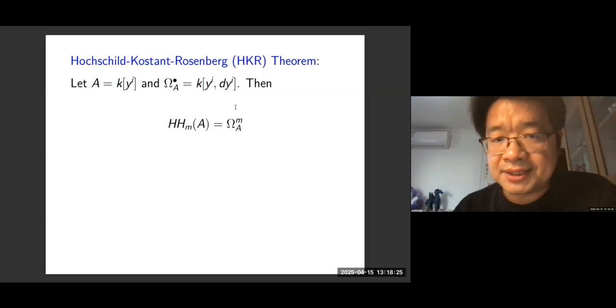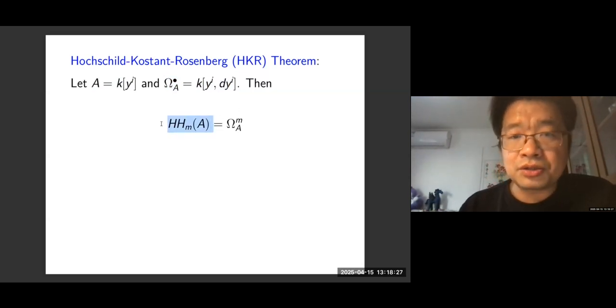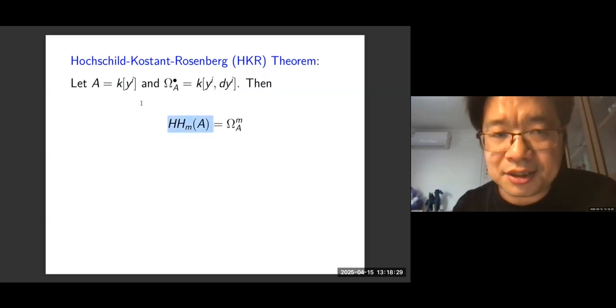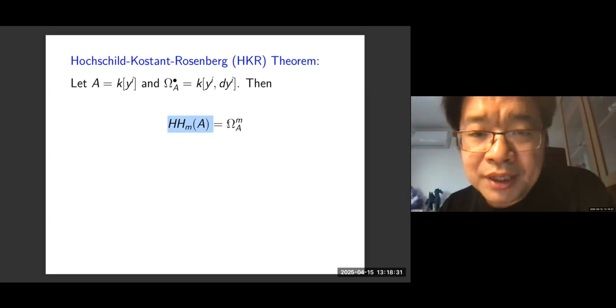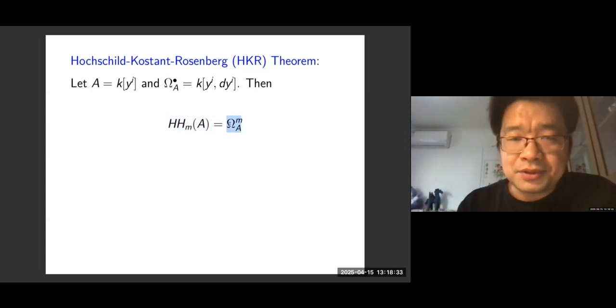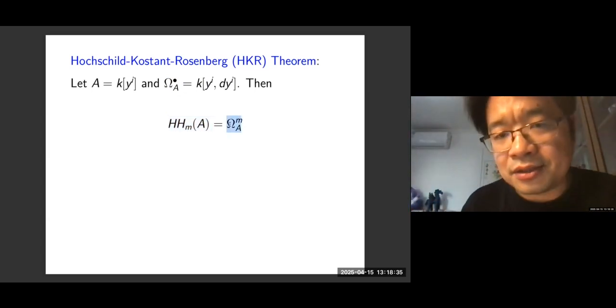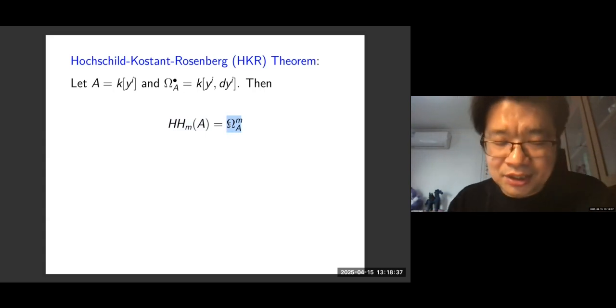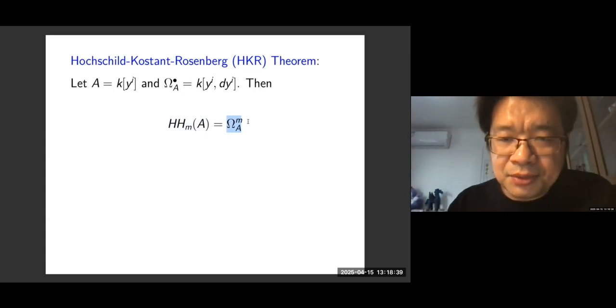Then the HKR theorem says that if you calculate the Hochschild homology of this polynomial ring, you find differential forms. This works for other more general versions, but I only stated the simplest case.